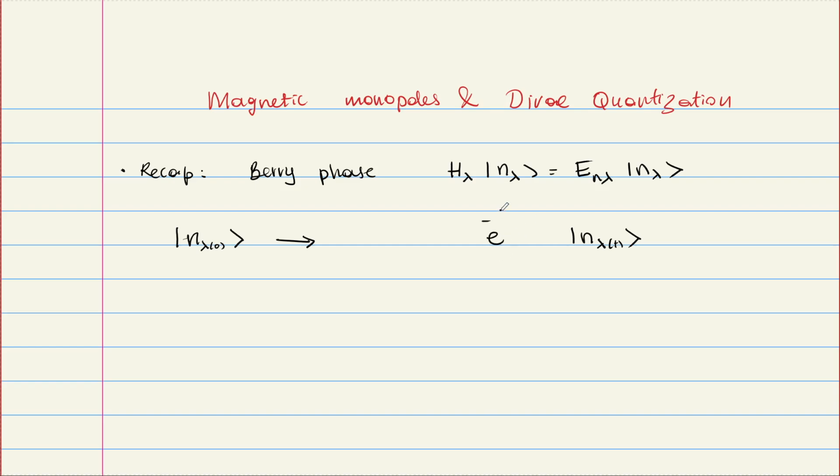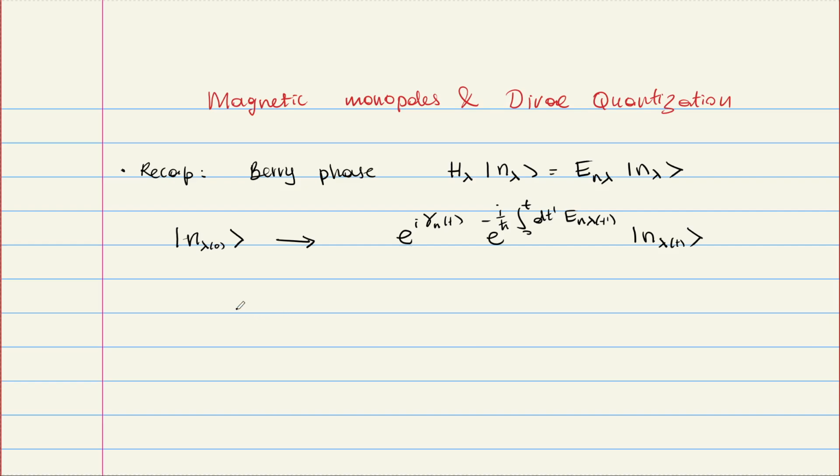One is the so-called Schrödinger phase, minus i over h bar integral from 0 to t, dt prime E_n(lambda(t prime)). If E_n was time independent, this is our usual Schrödinger phase. And on top of this we also have the geometric phase or Berry phase, e to the i gamma_n(t).